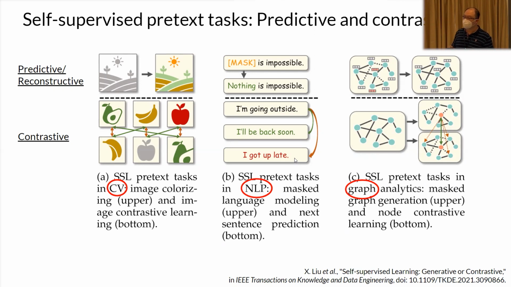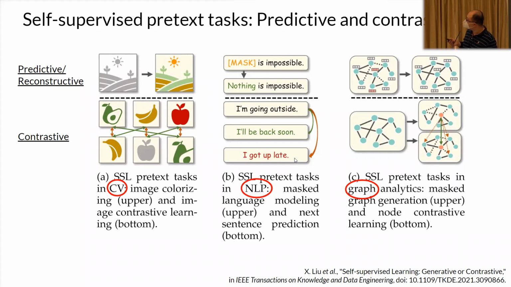And we try to learn embeddings to make positive pairs close in the latent space, but the negative pairs far away in the latent space. So the same idea has been propelling natural language processing through the so-called masked language prediction, masked language modeling.